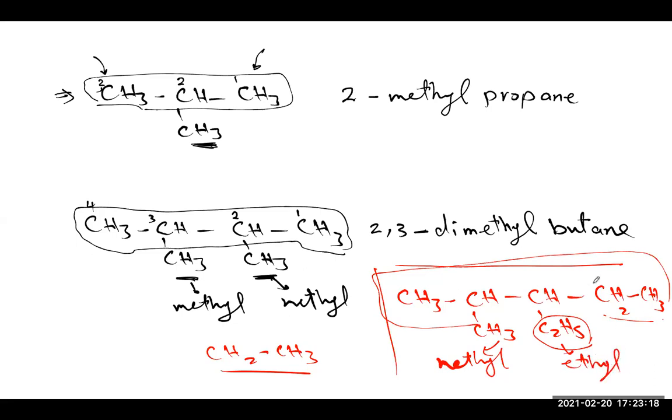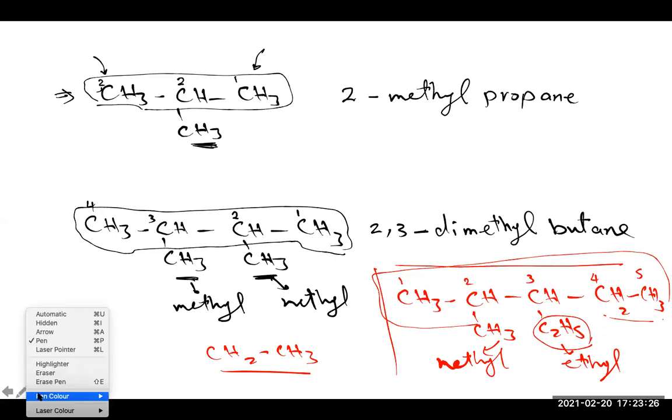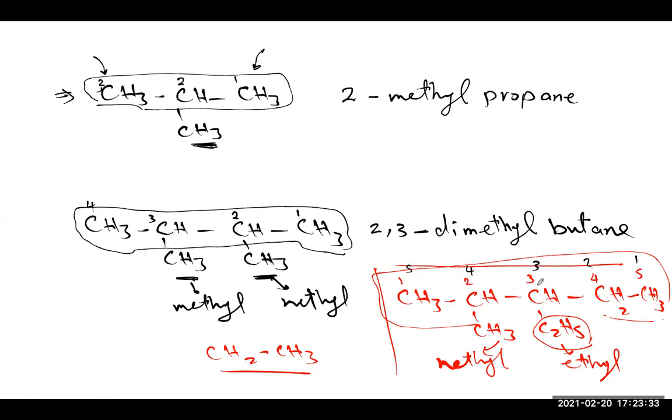Okay, so which way can we count? If we count here, it will be 1, 2, 3, 4, 5. If we start to count from the right, it will also be 1, 2, 3, 4, 5. Actually, the ethyl group will always be number 3, but the methyl will sometimes be 2 or 4. So I will pick 2, because this makes the methyl also the lowest number.